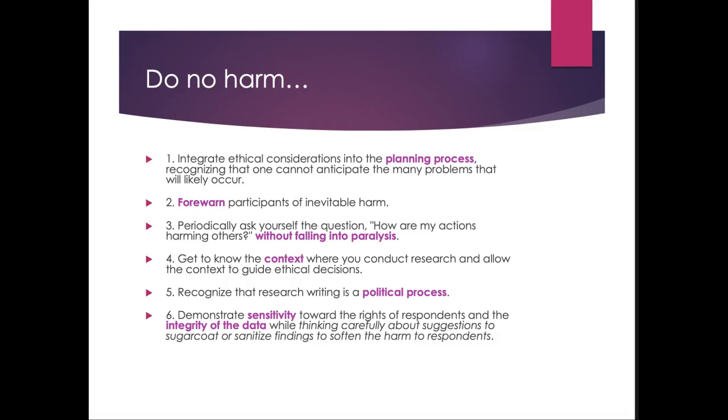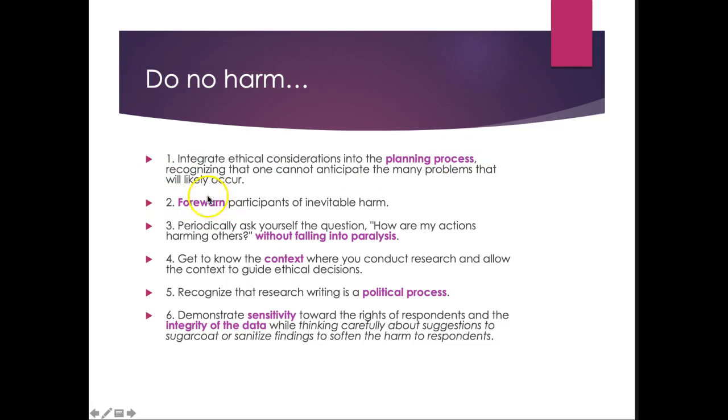Having raised some ethical dilemmas, Magolda and Weems go on to provide some possibilities to consider in order to mitigate the possibility of harm. And each of these points raises things that you as a researcher can think about and take care of ahead of time. You can plan for some of the things that might happen.